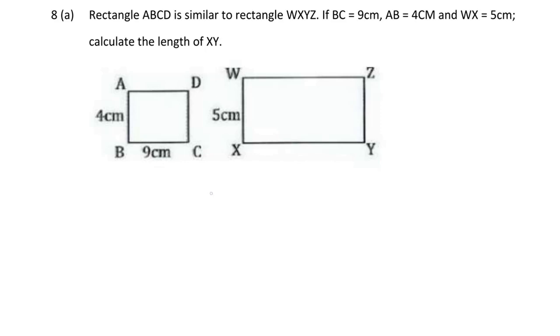We can express that as AB over WX equals BC over XY. From our figures, AB is 4, WX is 5, BC is 9. Now let us substitute these values into our equation. We have 4 over 5 equals 9 over XY.